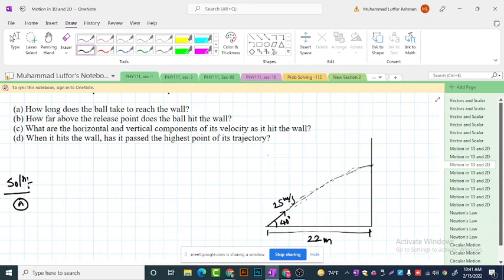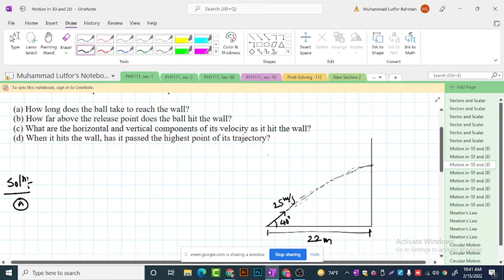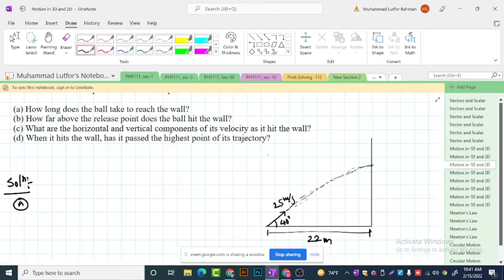If it is not at the highest point, then I cannot use that formula, the time to reach the top point, which is T up.